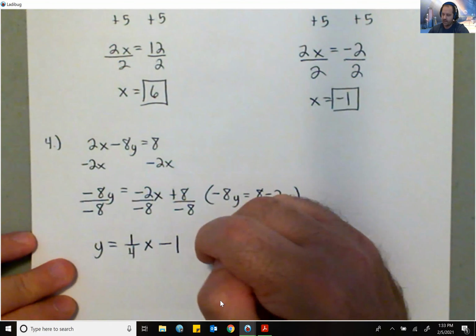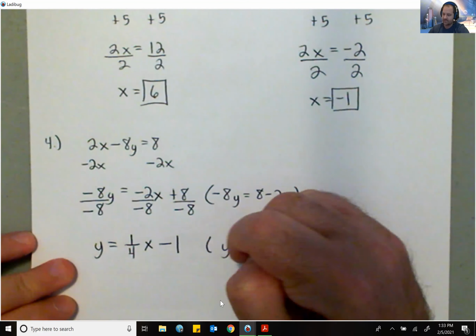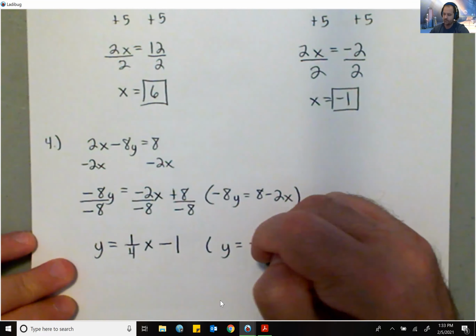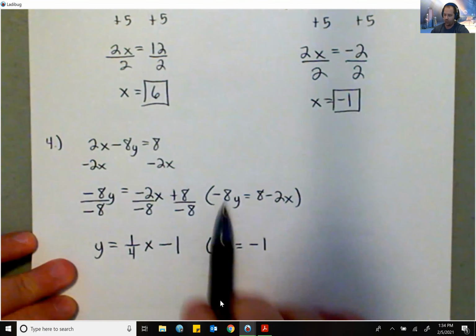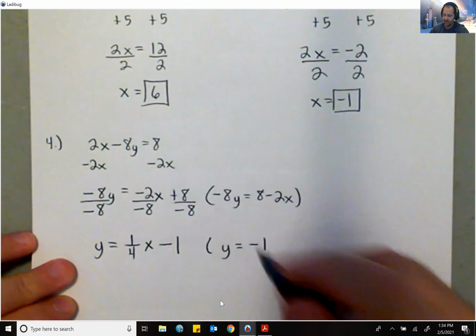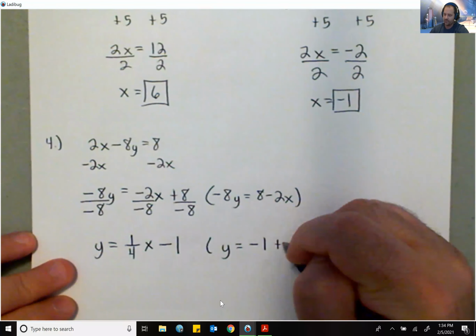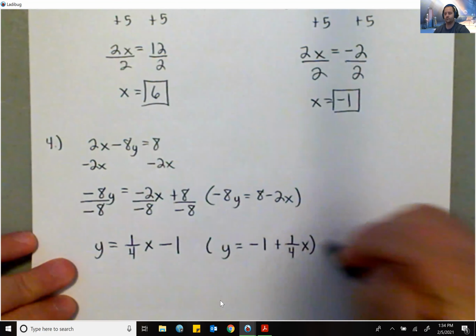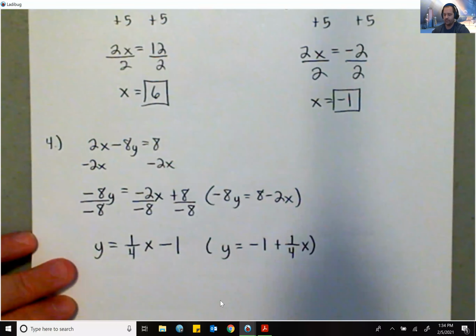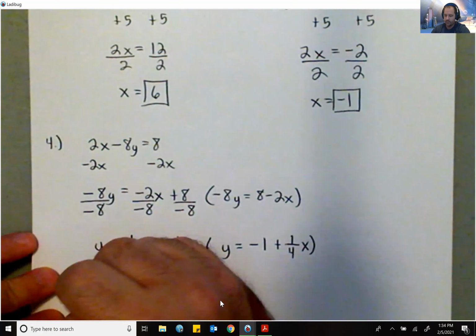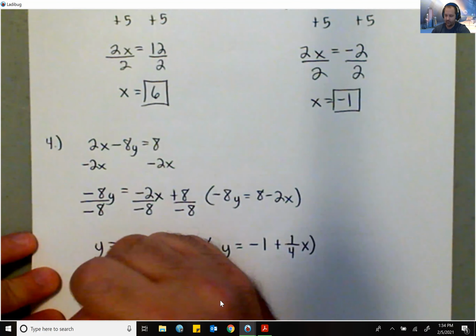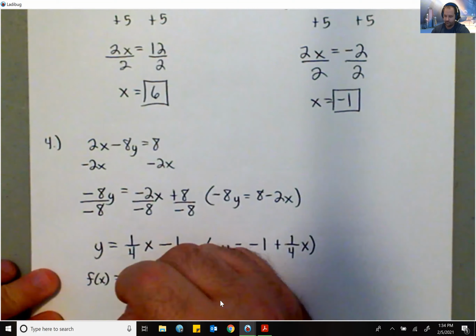So if you also wrote it like this, it is perfectly a-okay. So again, if you kept it in this form and divided everybody by negative 8, your end answer would look like -1 plus 1/4 x. Remember that putting f of x in here means the same thing.